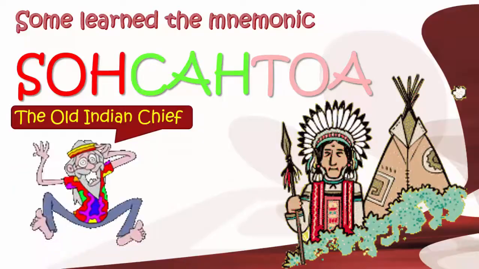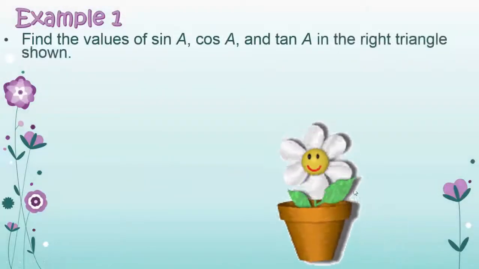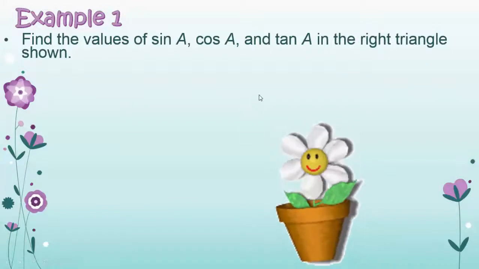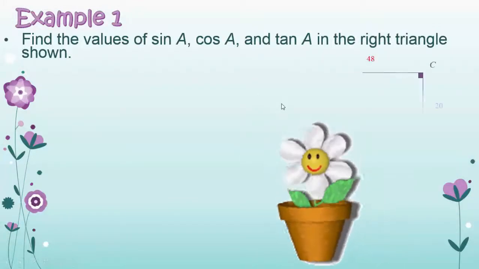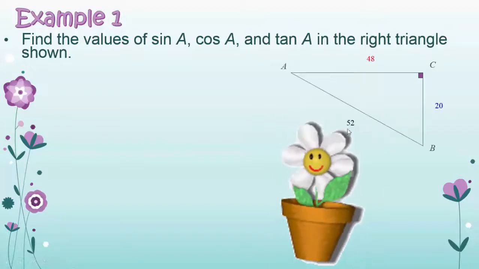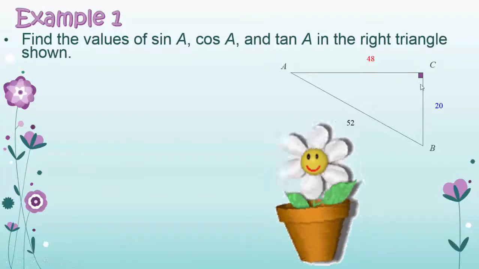Here in example 1, we're going to find the values of sine A, cosine A, and tangent A in the right triangle shown. So here's our right triangle, and here are our angles A, B, and C is our right angle.